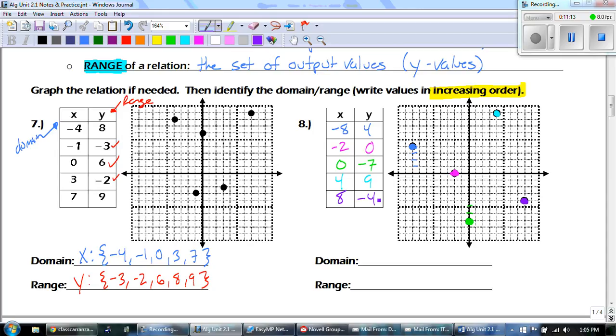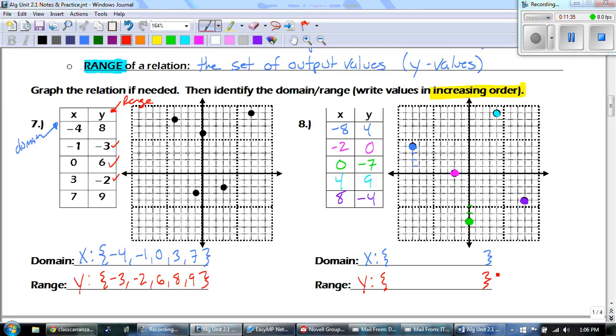Okay, so you guys are now in charge of telling me the x values and the y values. So tell me the domain, tell me the range in increasing order. Okay, you're going to write it exactly as I did with your little squigglies. Okay, those are telling me that it's a set.